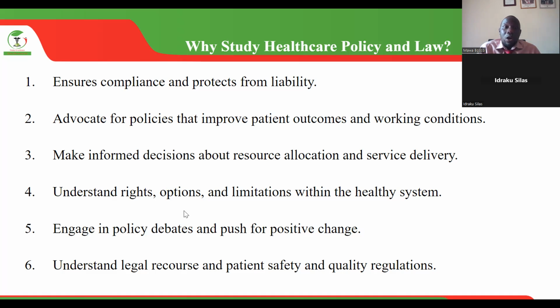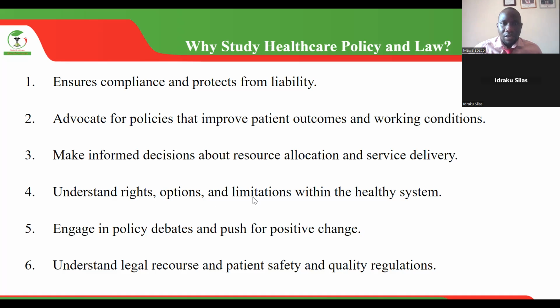It also allows us to know our rights as patients or as health providers, what options are available to us within the health system, and what limitations there are within the health system. Okay, so those are issues that are very important that we actually know.